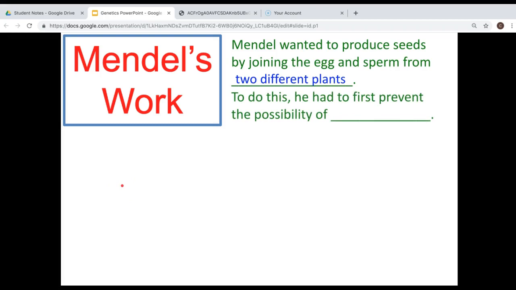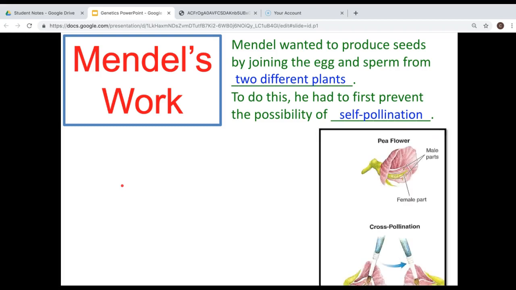He had to first prevent the possibility of self-pollination, the sperm from one flower getting to the egg or the pistil of the same flower. As we look here, we have the male parts and the female parts: the stamen and the pistil, and on the stamen is pollen. We didn't want that to happen, okay?